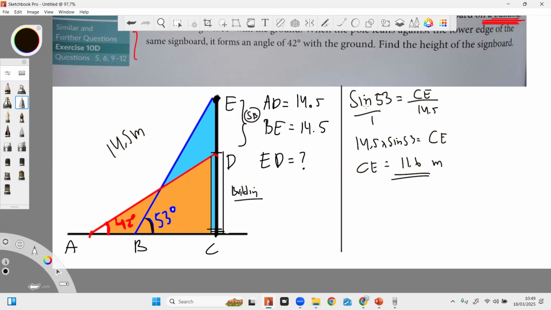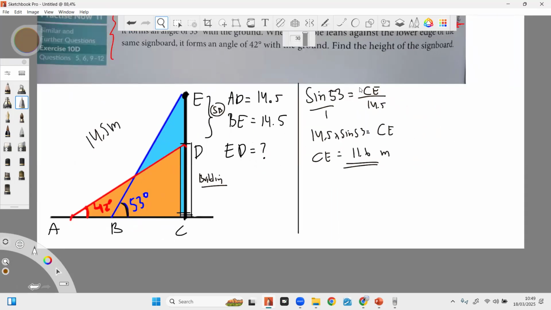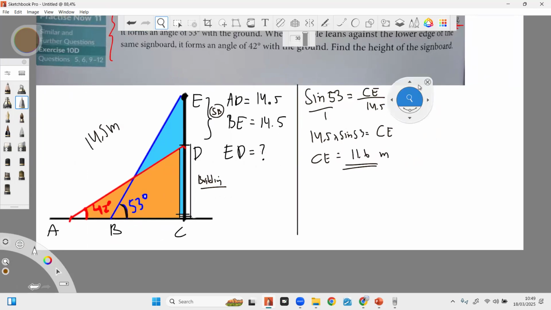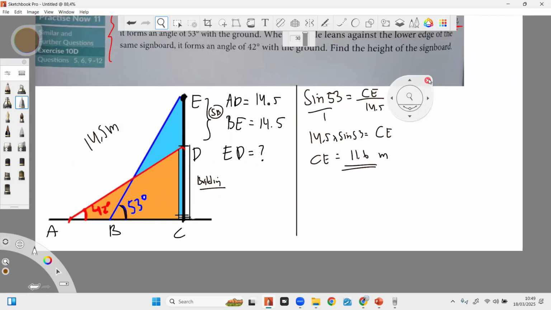Now, after we get EC, we have to find DC, for the lower position. So we use sine also, guys, because they are the same pattern. Sine 42 equals CD over 14.5, because the hypotenuse is also 14.5. We are only changing the position.